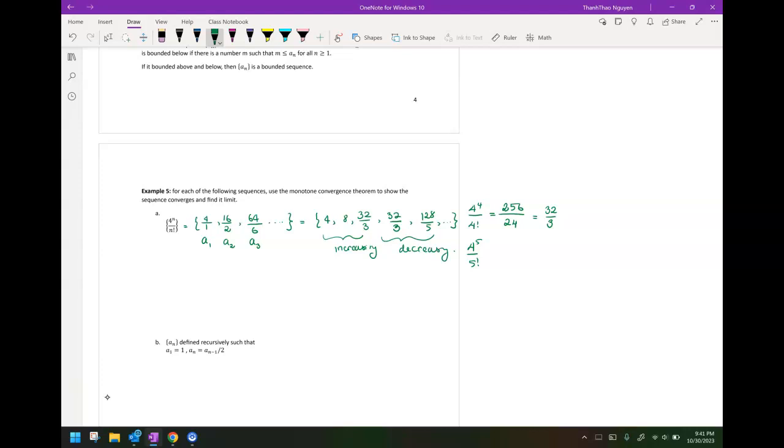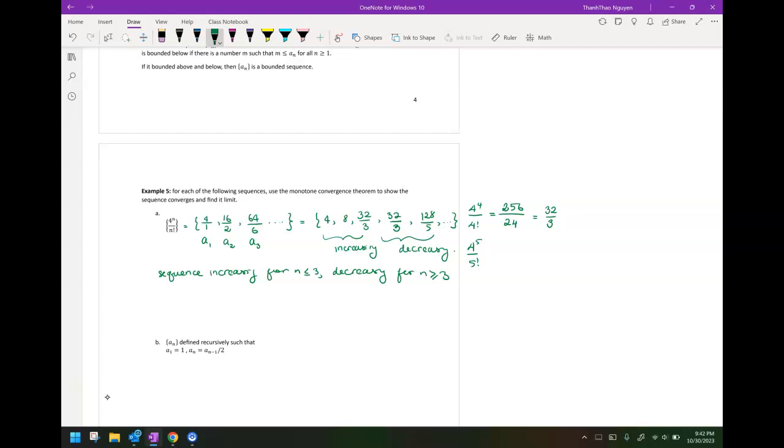So we can see that here the sequence is increasing for n less than or equal to 3 and decreasing for n greater than or equal to 3. Okay.